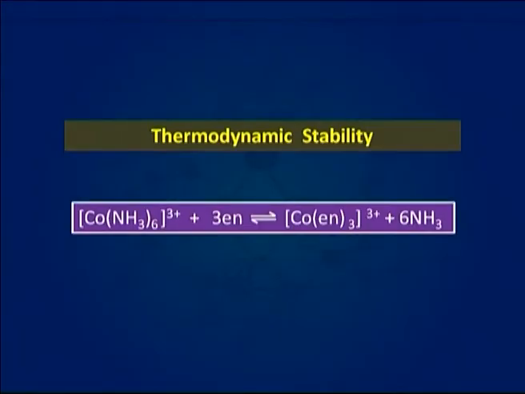Here you can see that each ethylenediamine molecule replaces two ammonia molecules. Therefore, the number of particles in the reaction mixture is increased when the reaction goes from left to right. In most cases, an increase in number of particles increases the possibility for randomness or disorderliness.